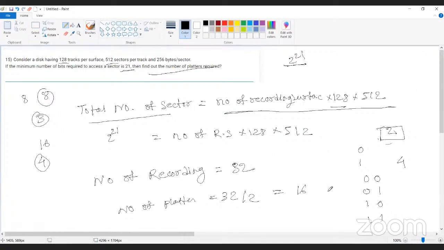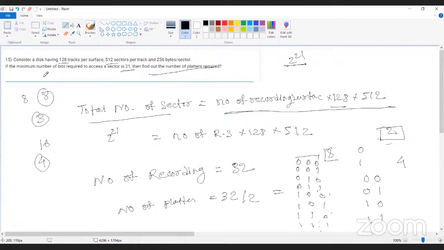If the total number of sectors is 8, you can easily identify using 3 bits.